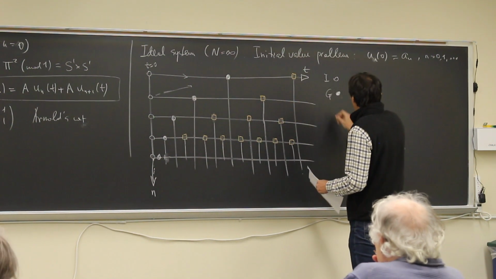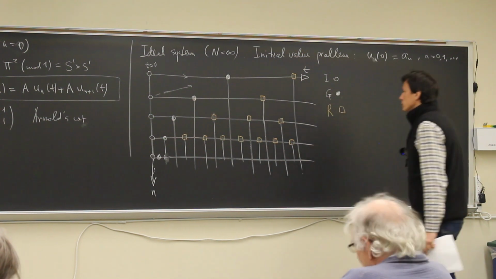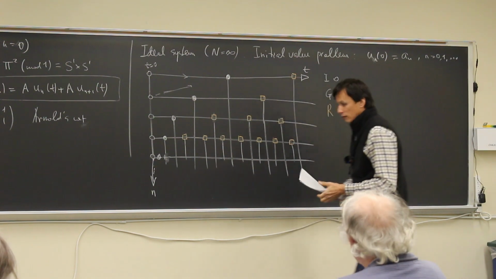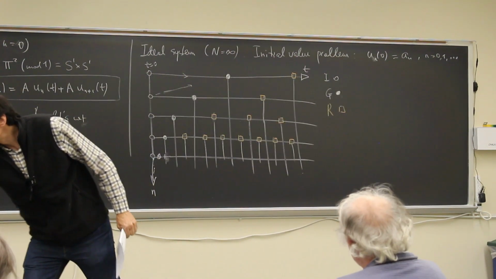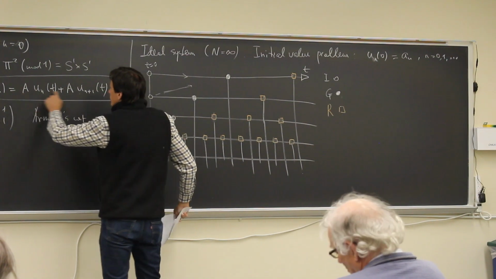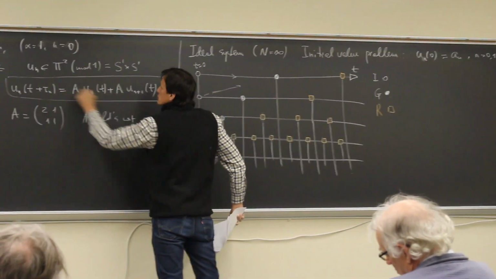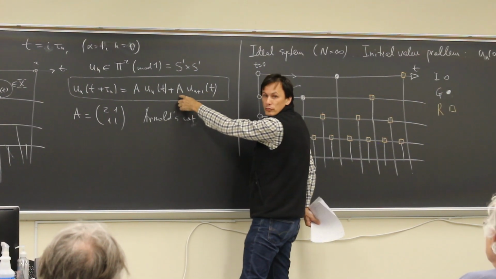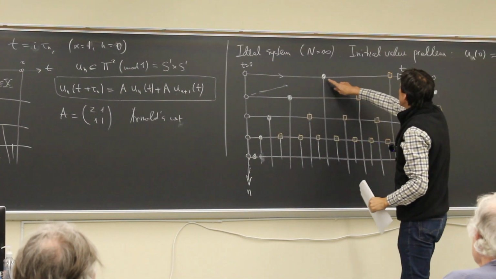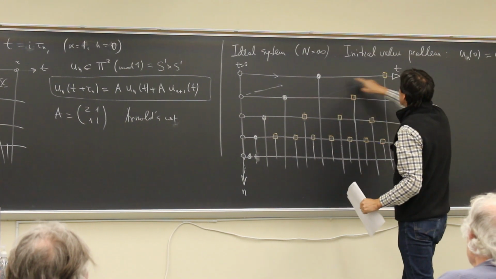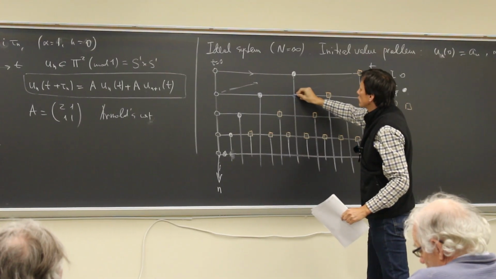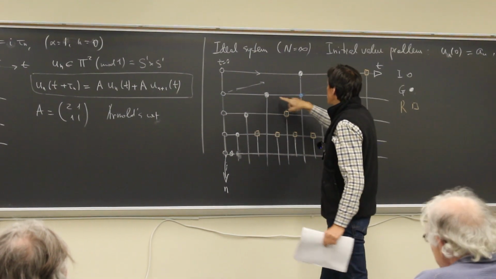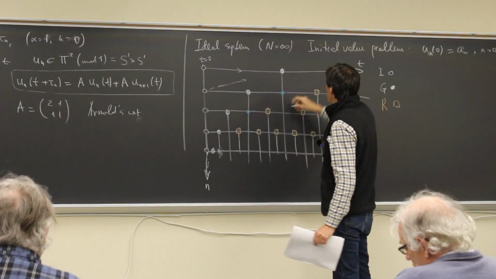I call it R. So imagine that you put an arbitrary value everywhere, at every cell of this type. Then you see that this equation can be solved with respect to any of the variables if the other two are given, because A is invertible. So in this triangle, these two values are known, which means you know what is here, and so on.